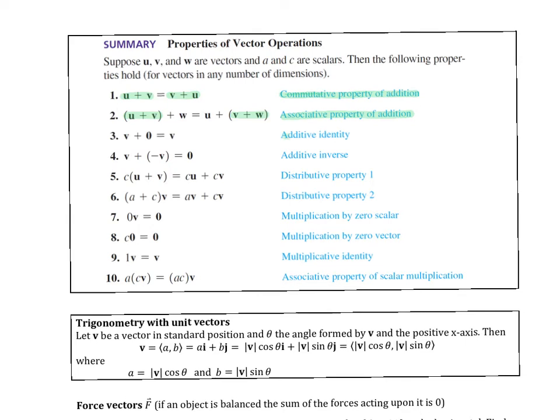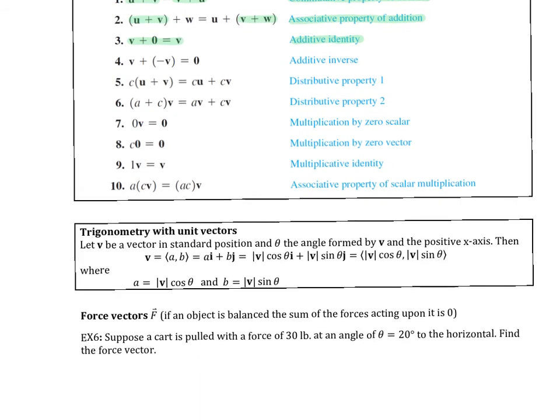We have additive identity, which means if you take any vector and you add it to the 0 vector, it remains unchanged. It keeps its identity. And then we have the additive inverse. If you take a vector and you add it to its negative, then you get the 0 vector.